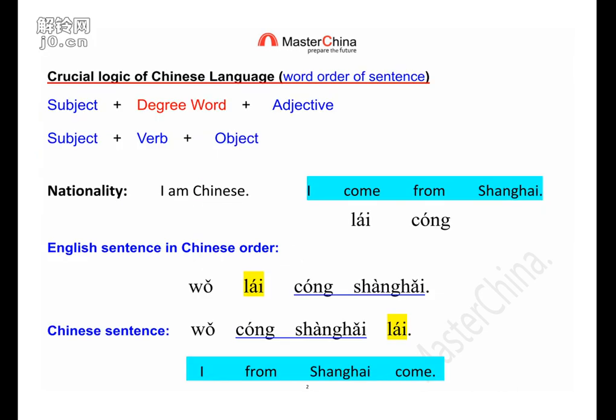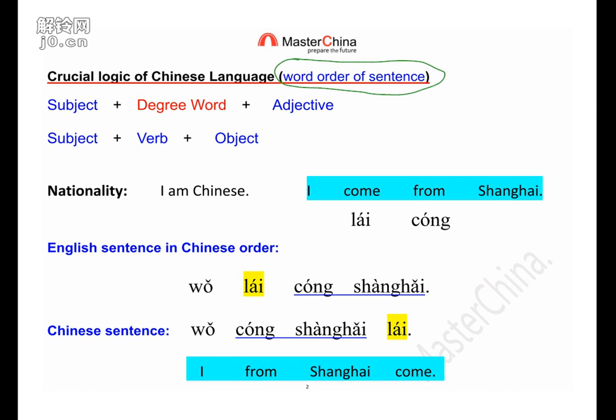Now let's start the most important tool. Crucial logic of Chinese language. That means the word order of sentence. So now we already know two kinds of sentence order. First one is we give some comment about something.